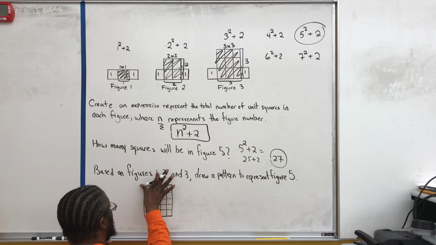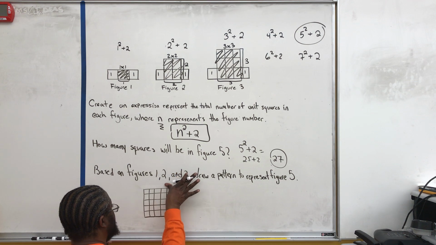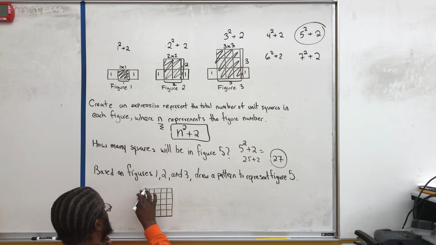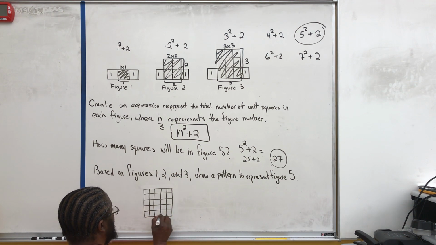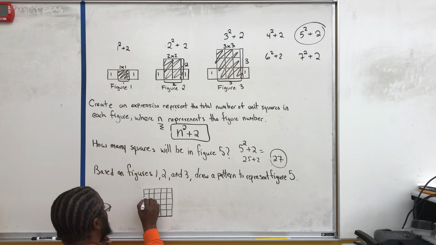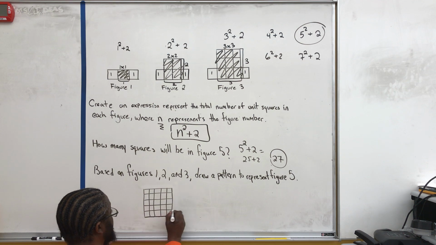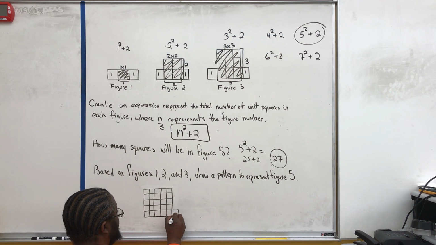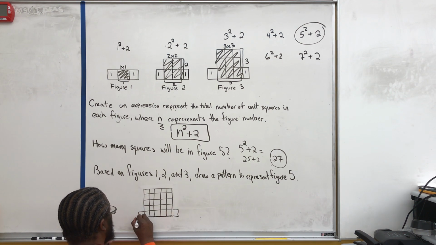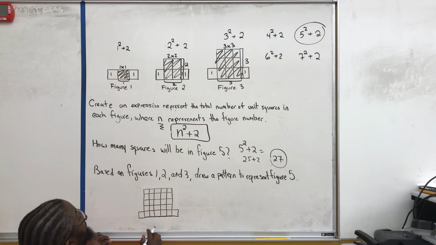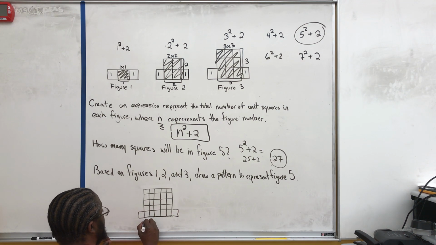Oh, that's too many. 1, 2, 3, 4, 5. 1, 2, 3, 4, 5. 5 by 5. Plus 2. Is that right?